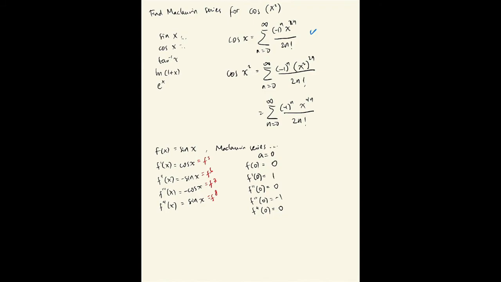Then you need to just expand, because a is 0, it's on the x. 0 again, let's write 0 minus x, and then 0, and it should be plus.